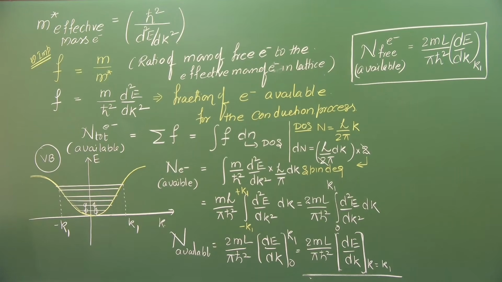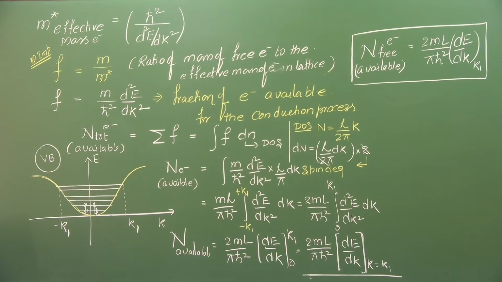So what is the effective number of electrons participating up to a particular k level? What is the maximum number of possible electrons available in the conduction process? 2mL by πħ² times the slope dE by dk, at a particular k wherever you are considering. You will assume my electrons are filled up to the 2p level or 3p level.